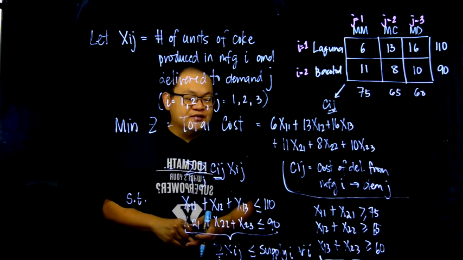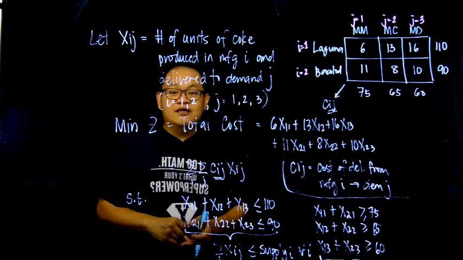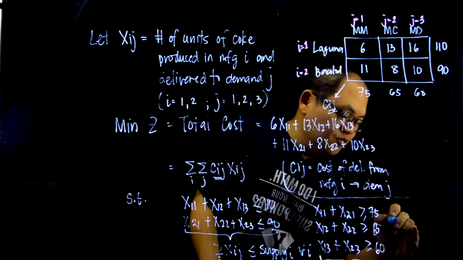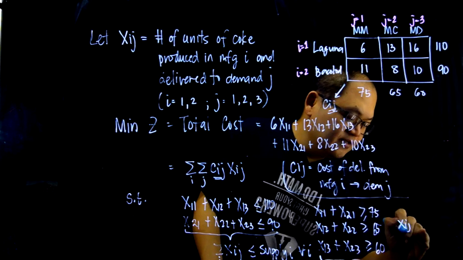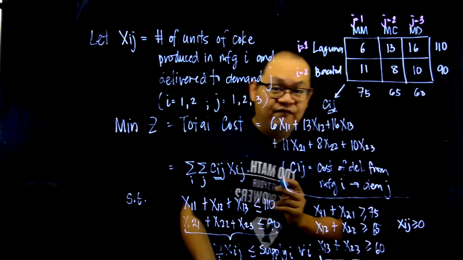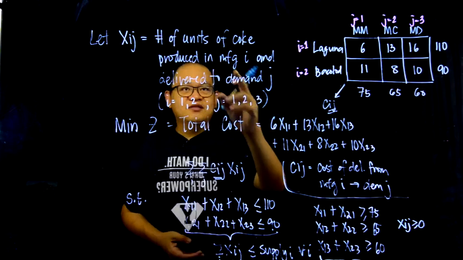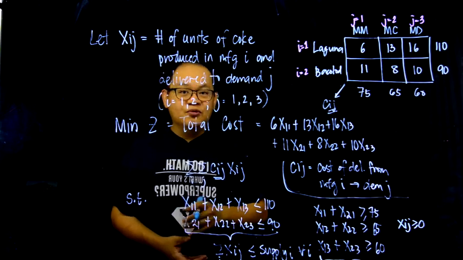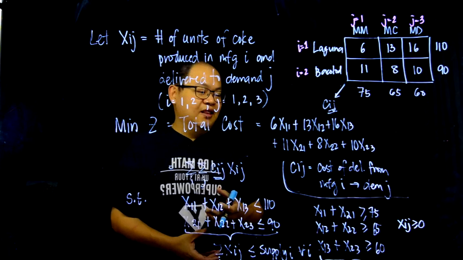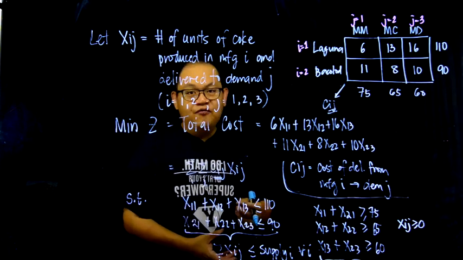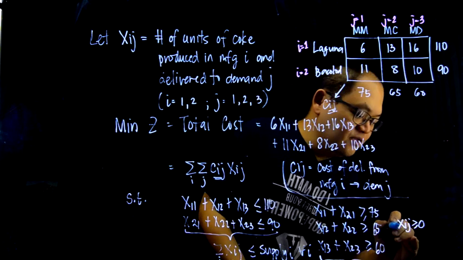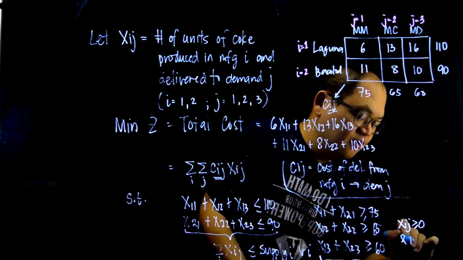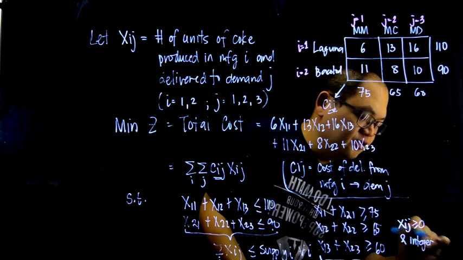What we are now missing are what we call the non-negativity constraints. And to write the non-negativity constraints, we just have to say Xij has to be positive. Okay? And because these are Coke products, let us assume we cannot produce a part, or a decimal or a fraction, of a Coke product, and therefore we need to say Xij is greater than or equal to 0 and integer.